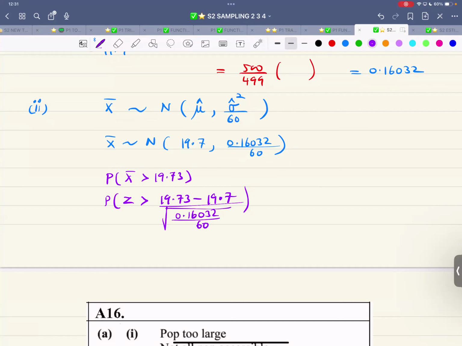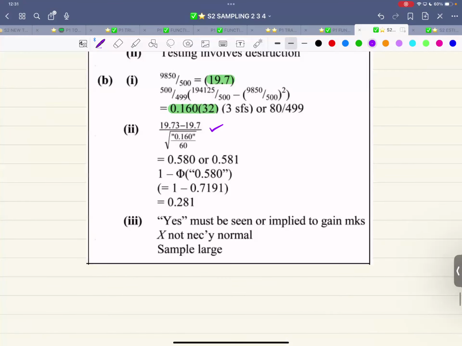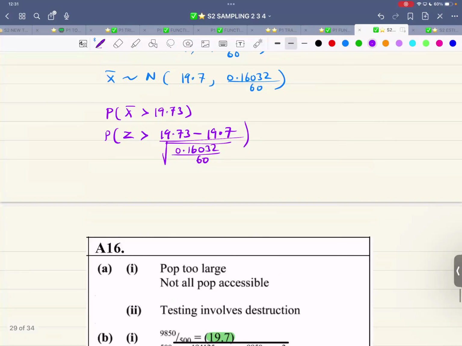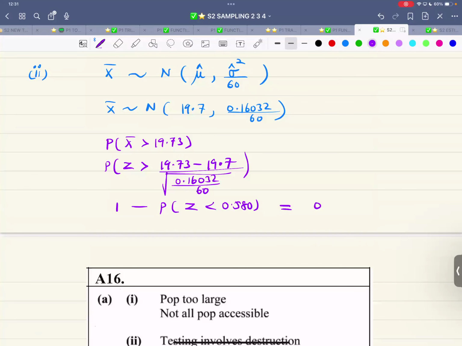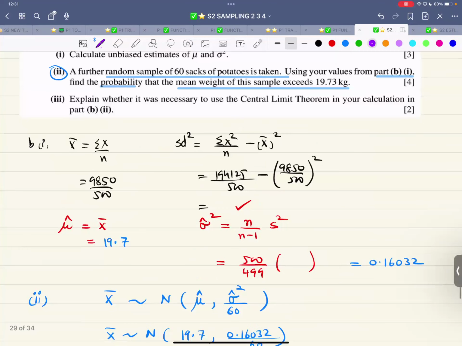And this value comes out to be 0.580. This is 1 minus probability Z is less than 0.580. The corresponding probability is 0.7191. The final answer is 0.281. That is the probability. All clear?